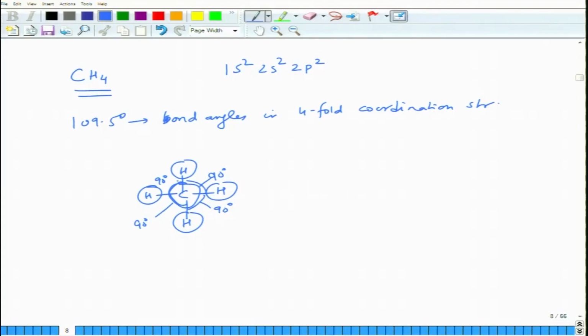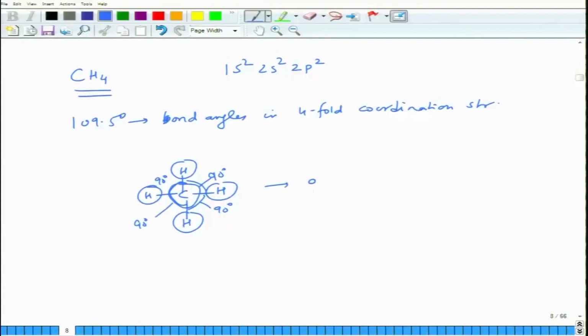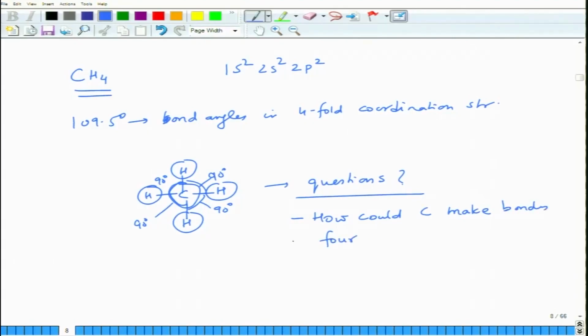Because 4 bonds mean carbon will have to share 4 electrons. Where do those 4 electrons come from? So these were the questions which led to a modified theory. The question was, how could carbon make bonds with 4 neighbors?